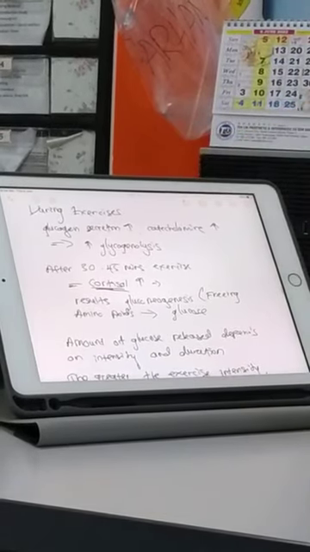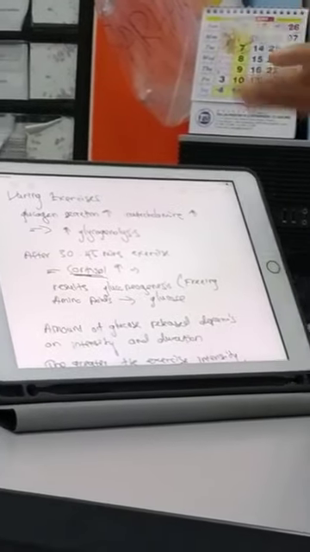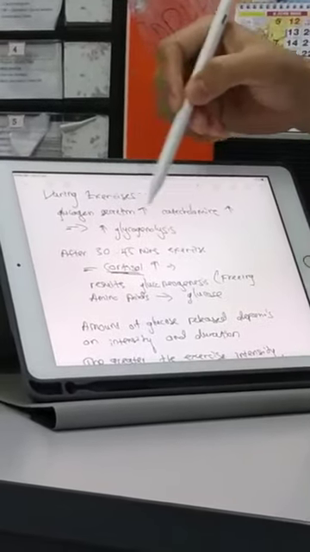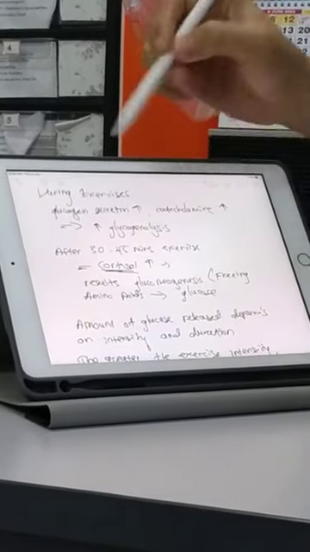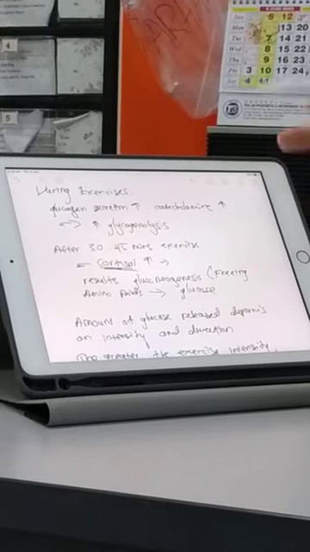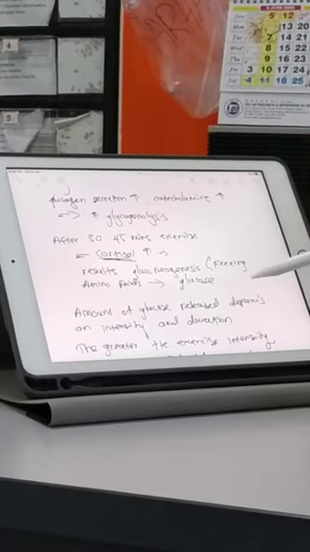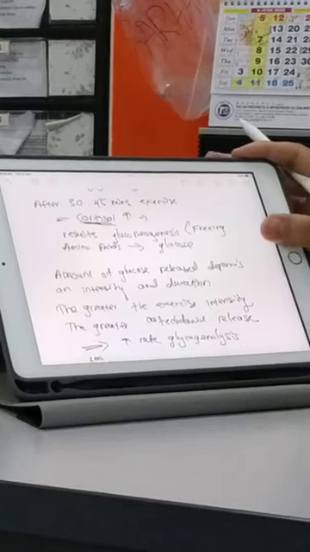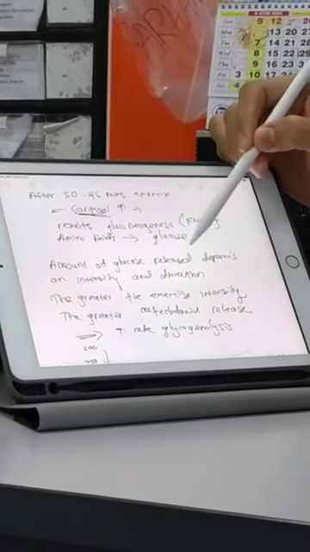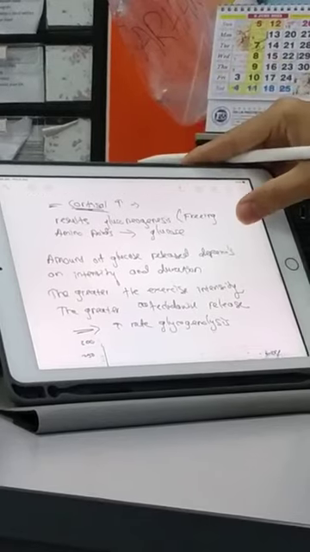They mean after 30 to 45 minutes, after we use all this glucose in our body, it will become depleted. So the cortisol will take over the role. It will result in the gluconeogenesis process, which is freeing the amino acids from the fat to become glucose. The amount of glucose released depends on the intensity and also the duration of the exercise itself.